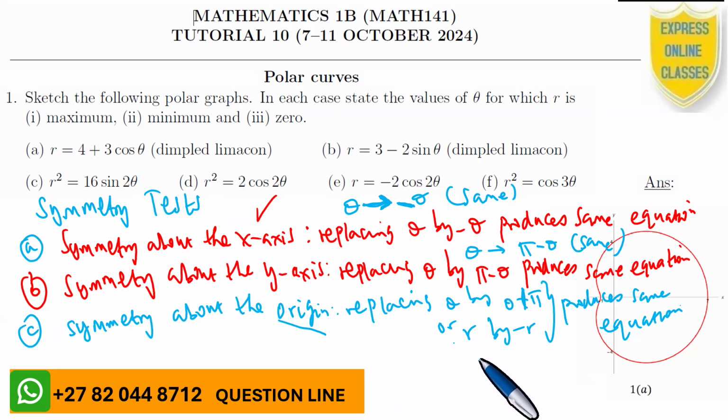There's a symmetry about this, so you investigate this one. Cosine of 3 pi minus theta is cosine of 3 pi minus 3 theta. Okay, 3 pi minus 3 theta is actually going to be negative. So there's no symmetry there about the y-axis, but there's symmetry about the x-axis.